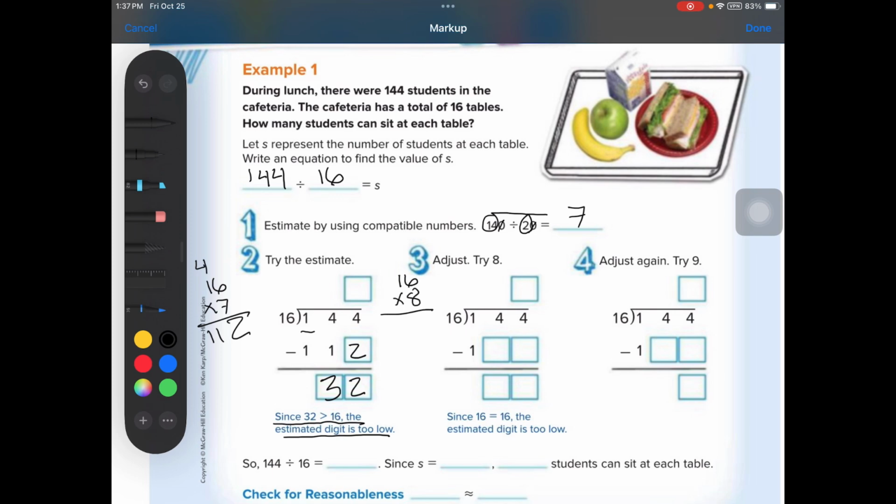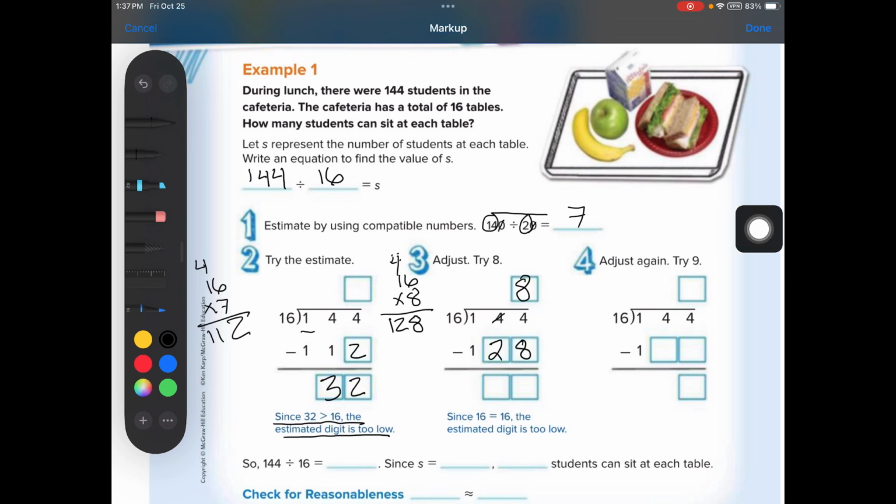8 times 6 is 48. 8 times 1 is 8, 9, 10, 11, 12. So then we're going to write 8 up here, 128 right here, and then we're going to subtract. Now, right here, we have a problem. We cannot take 8 from 4, so we need to borrow next door.